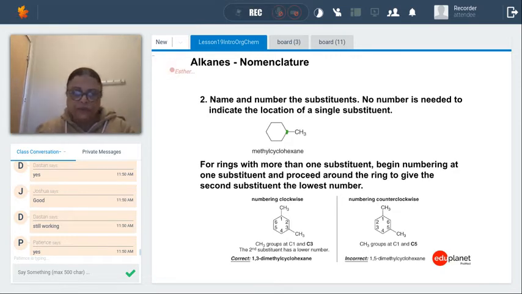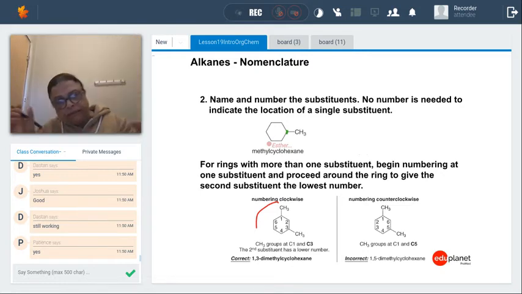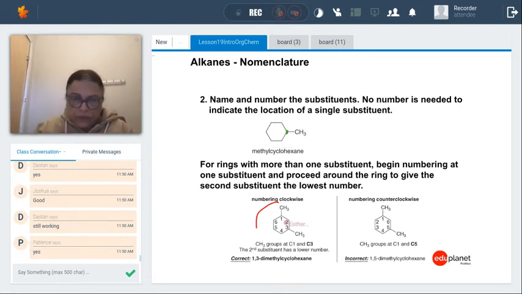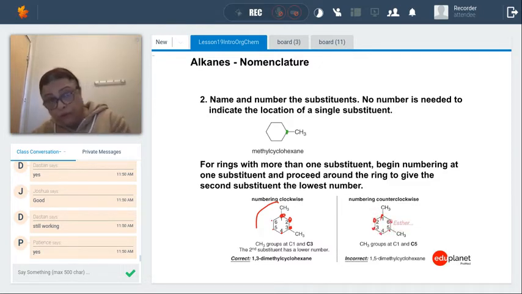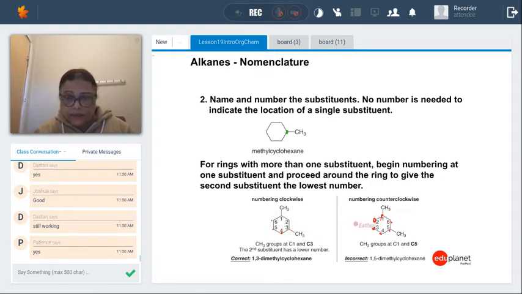Okay, so what if you have 2 methyl stuck on the ring? So do I say 1, 2, 3, 4, 5, 6, or 1, 2, 3, 4, 5, 6? Do I count clockwise or counterclockwise? In this specific case, I stick to the rules to give the substituent the smallest, lowest possible number.